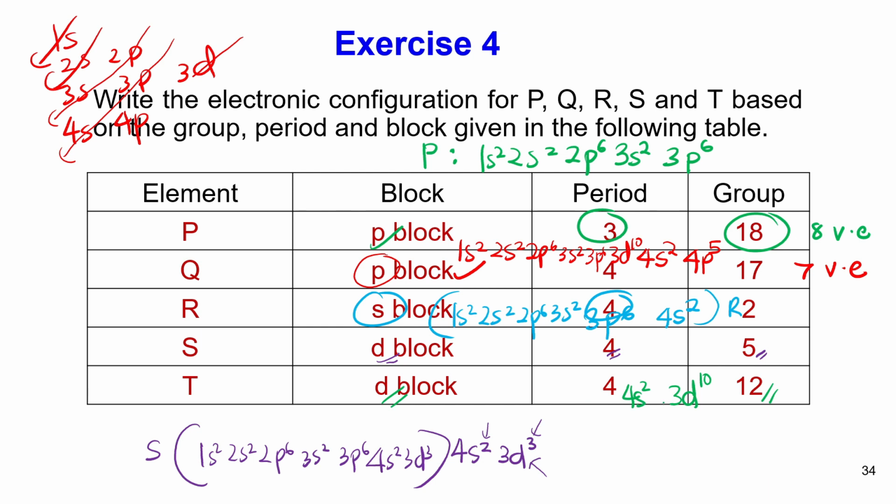Before 4s2, 3d10, we have 3p6, 3s2, 2p6, 2s2 and 1s2. So 1s2, 2s2, 2p6, 3s2, 3p6. After 3p, 4s, then 3d. So this is the electronic configuration for element T.